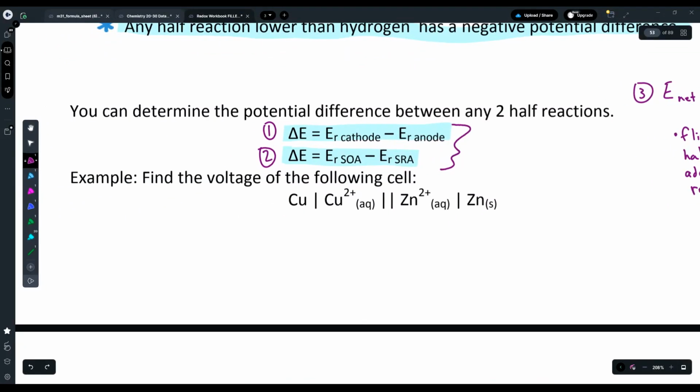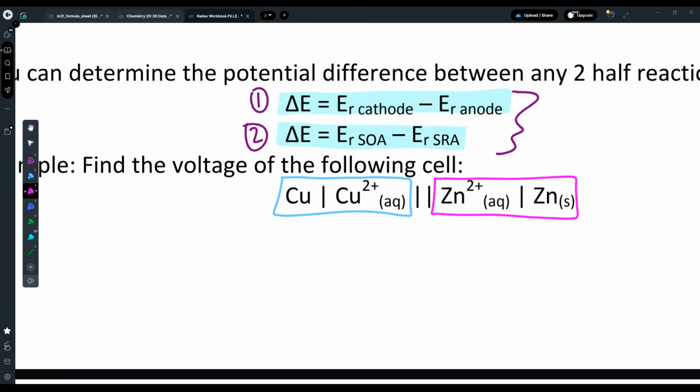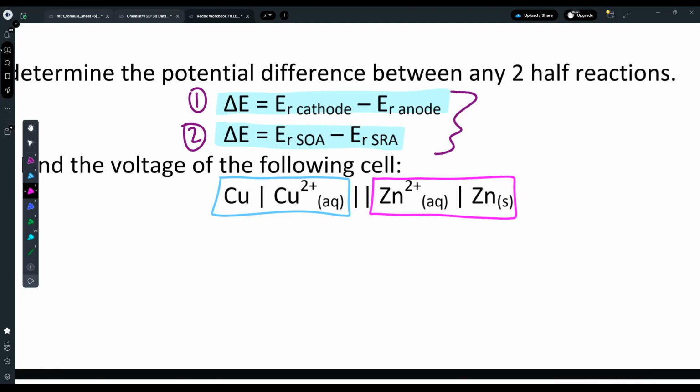Okay, so example, find the voltage of the following cell. So we have our first half cell, which is right here, and then our other half cell, which is right there. Okay, so if I figure out where all of these species are, we have all of these as well as water.